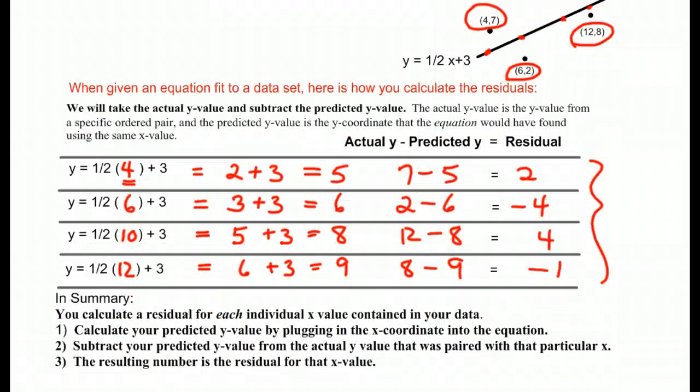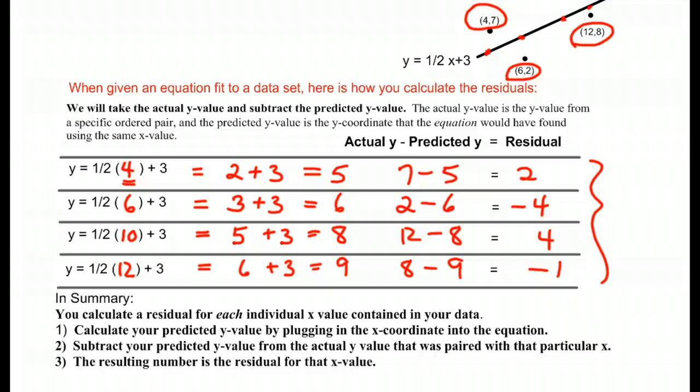In summary, you calculate a residual for each individual x value contained in your data. To calculate your predicted y value, you plug in the x-coordinate for each data point into the equation to see what the line would have predicted. You subtract your predicted y value from the actual y value that was paired with it, with that particular x.